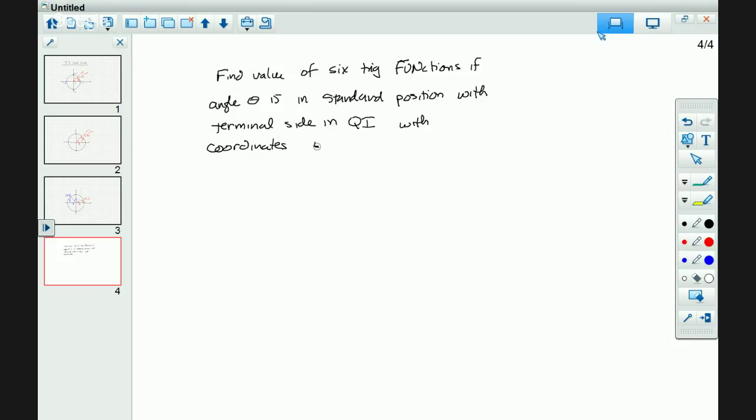let's say 4, 3. That's what that's saying. It has to be very perfectly descriptive.